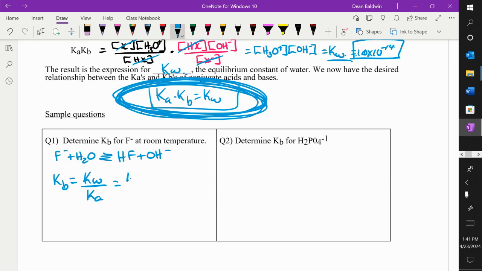Kw we know, 1.0 times 10 to the minus 14, divided by the Ka of what? Of HF, the conjugate acid.